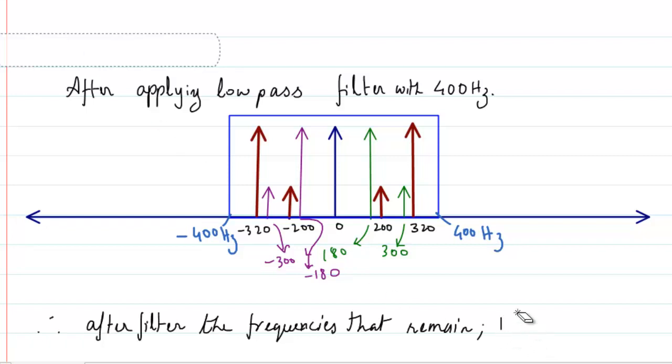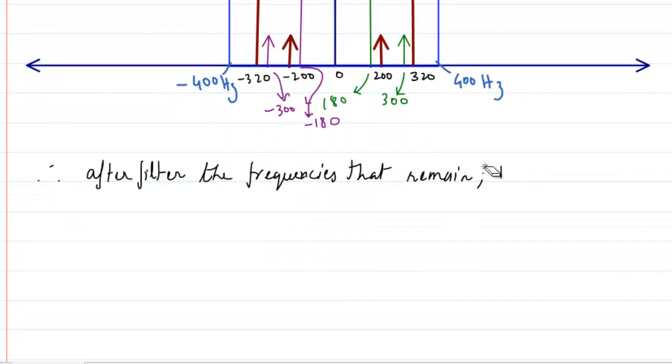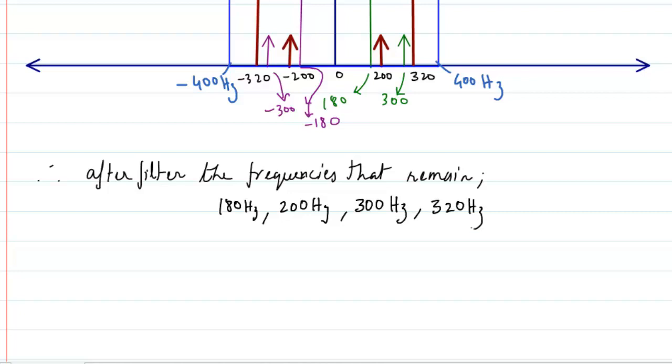So I will write 180 Hertz, 200 Hertz, then 300 Hertz, then 320 Hertz. These are the 4 frequencies that remain, isn't it? The negative side, it is all minus, but that does not count, because plus and minus, it's one and the same thing. So these are the frequencies that remain.